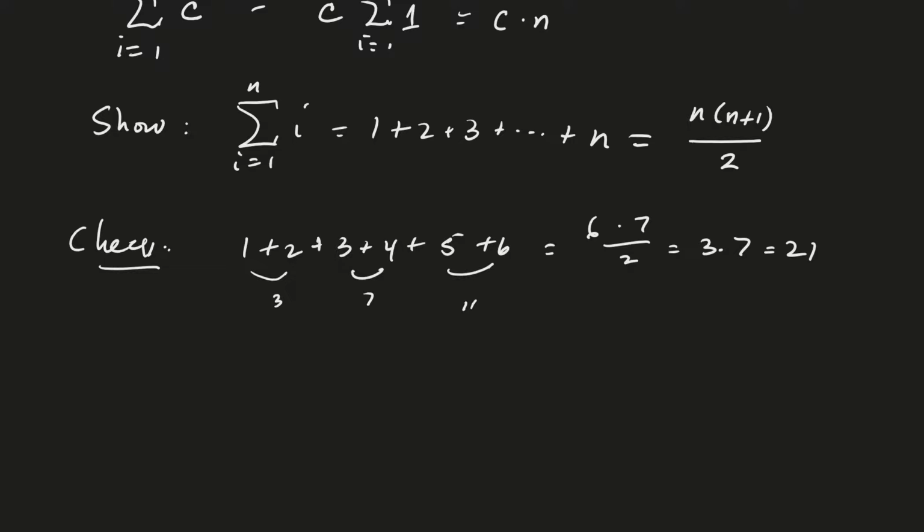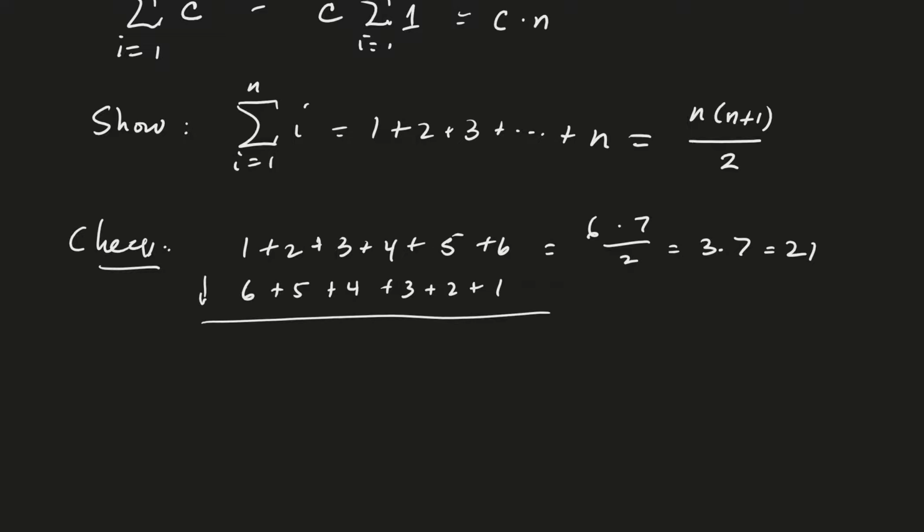Very good. In fact, there's a little bit more clever way of writing this. Notice that underneath this sum, if I had put 6 plus 5 plus 4 plus 3 plus 2 plus 1, and if I sum straight down, then I get 7 plus 7 plus 7 plus 7 plus 7 plus 7.